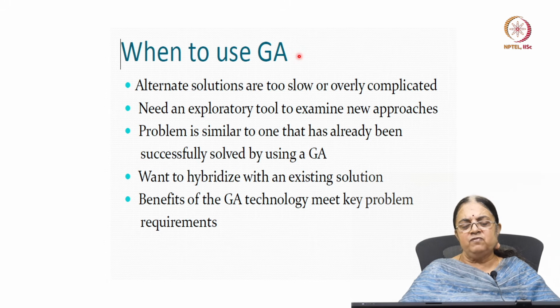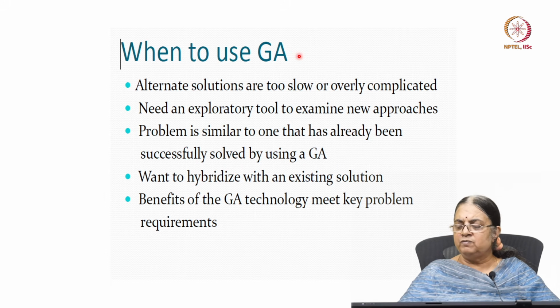Okay, when you find that any alternative ways of doing things are very slow or become complicated, for example, if you take say optimization, multi-objective optimization, you may find that using the classical optimization techniques may be a little difficult, or even to formulate the problem may be a little complicated. In such cases, using this genetic algorithms will help.